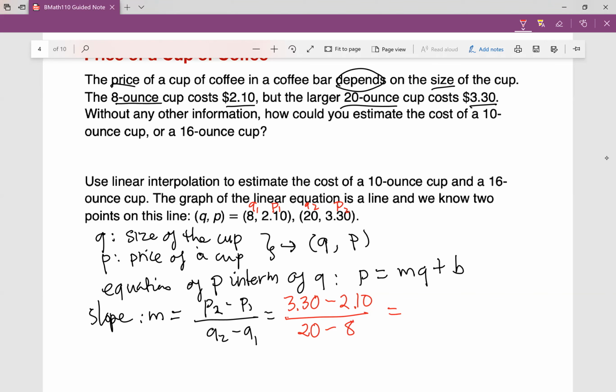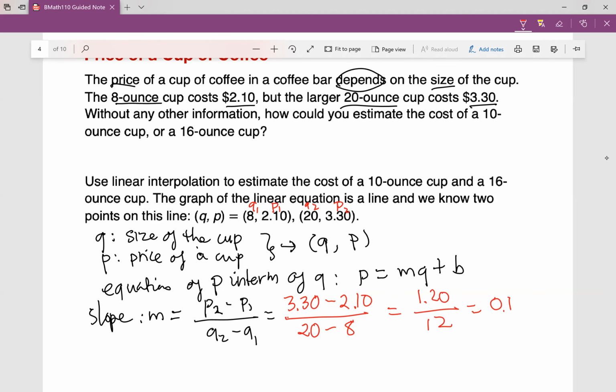And now I'm gonna have what? 1.20 over 12. That will give me, use a calculator, 1.2 divided by 12, 0.1. Yep. Sometimes I can't do math.